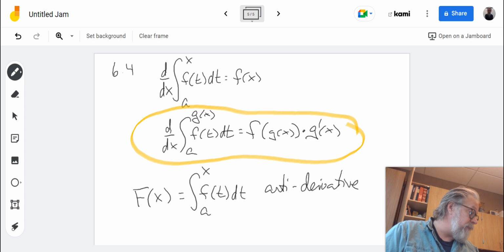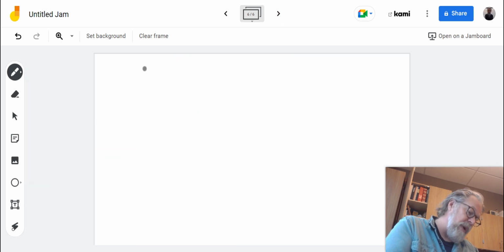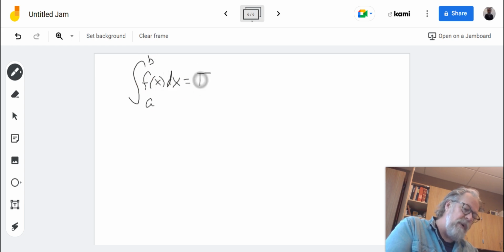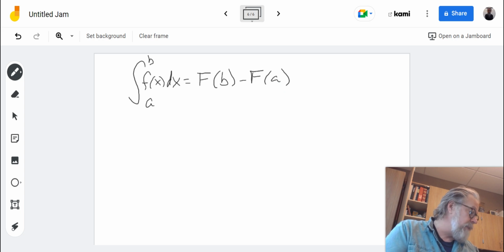And the other half of the fundamental theorem of calculus says that if I want to take the integral from a to b of the function, I can find the antiderivative at b and then subtract the antiderivative at a, and that is the value of the integral.